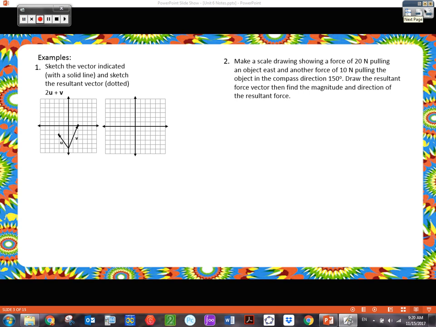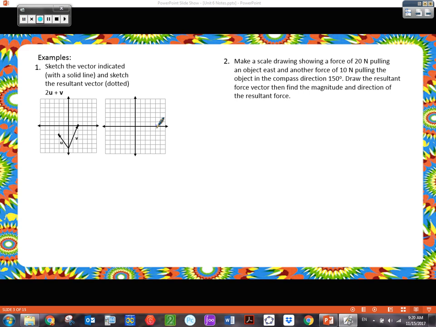Here the vector's drawn for you, unlike on the daily work where I give you the component form and you have to draw it. They're asking us to do 2u plus v, to draw that vector addition. So I'm going to start with the 2u. What do you think the 2 means?